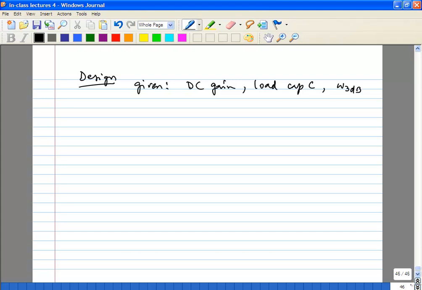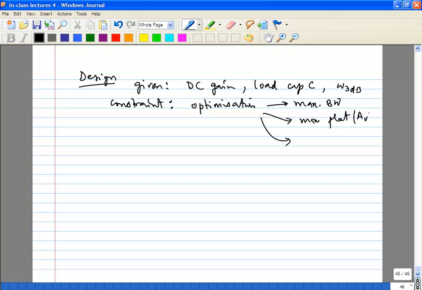Now you will have to develop the constraint on which kind of optimization you want. Max bandwidth, so you have these three constraints.